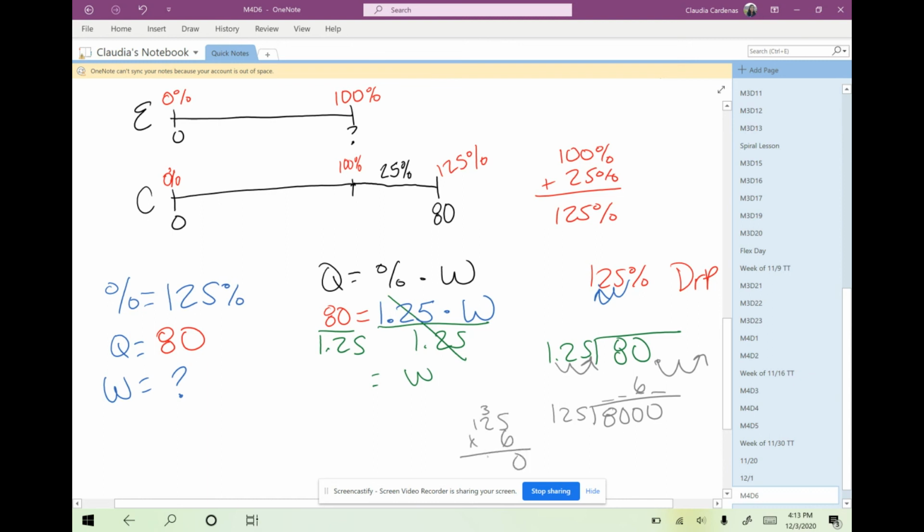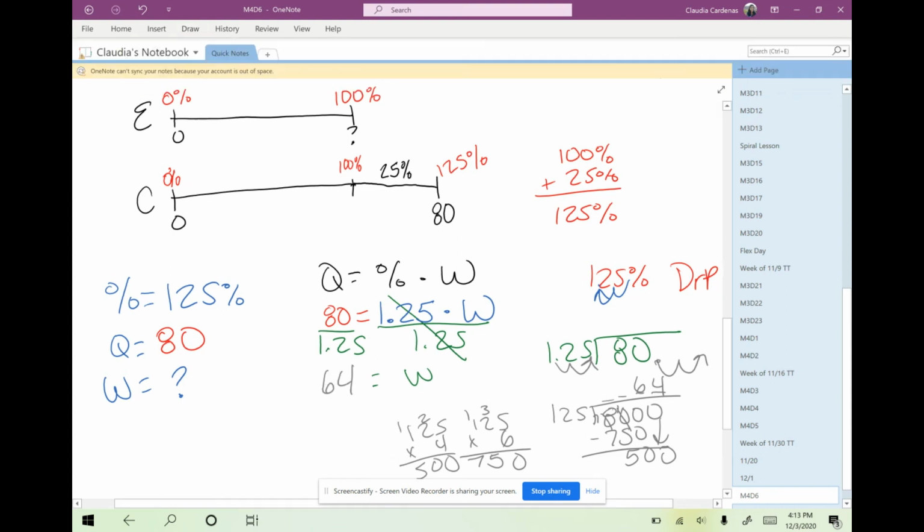If I do some quick math, that's 750. 800 minus 750 is 50, and then 125 into 500 is 4, because 125 times 4 is 500. So our whole number is 64.